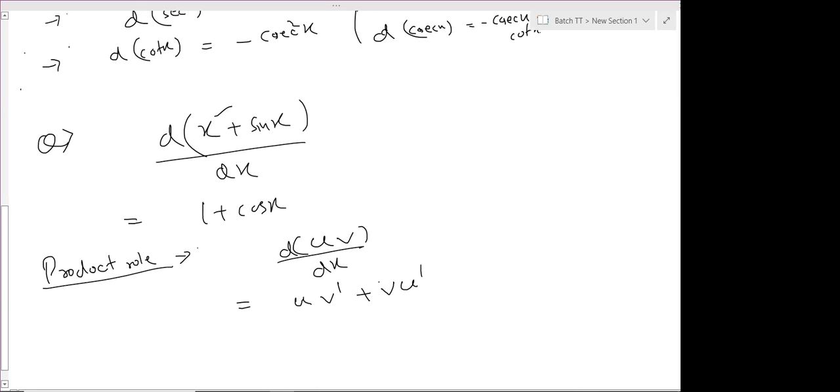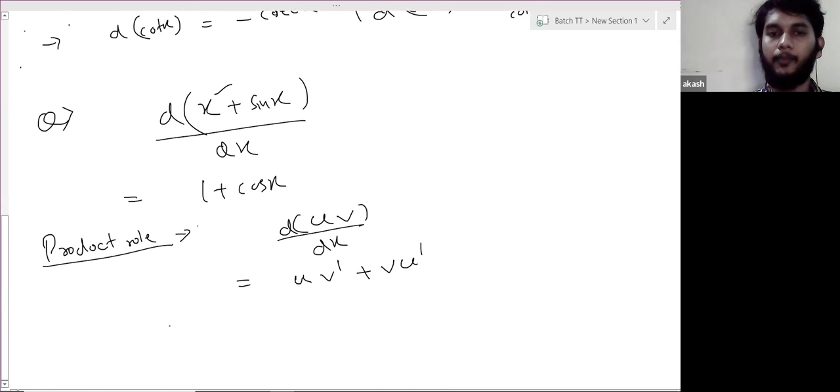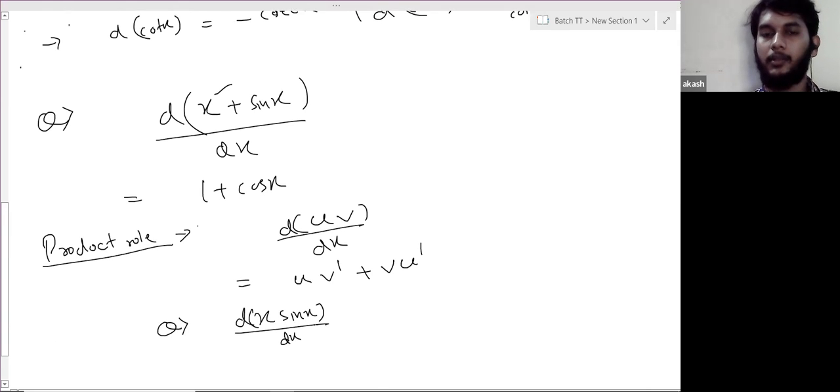Yes, sir. So this is product rule. If anyone doesn't know this, just write it down and solve this question. x into sine x. You have to differentiate this. I'll give you 1 minute for this. Not a very difficult question. Tell me the answer.